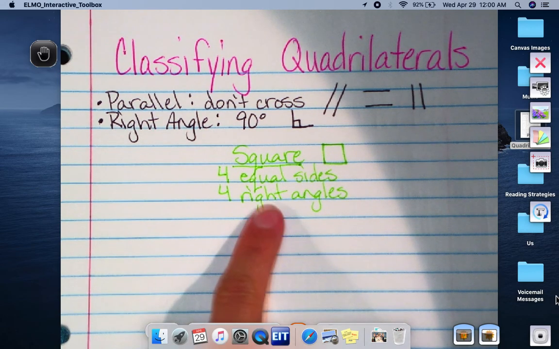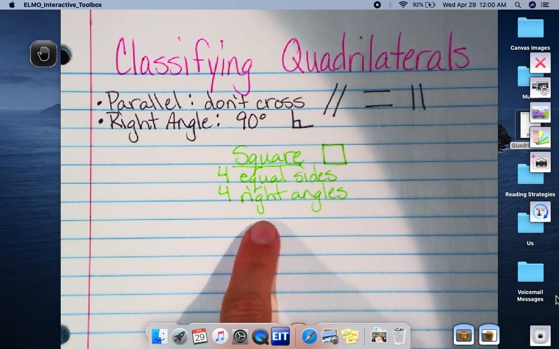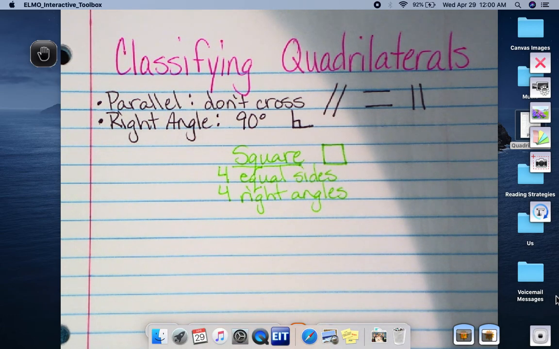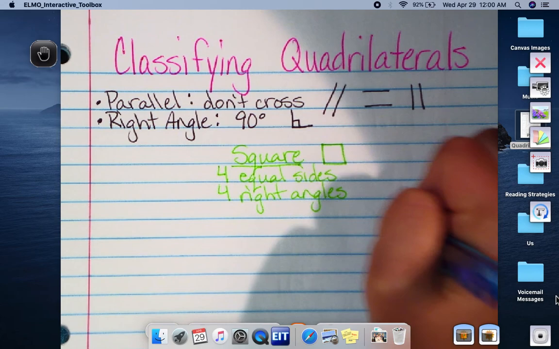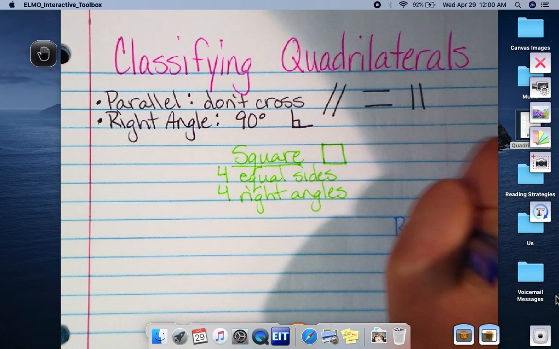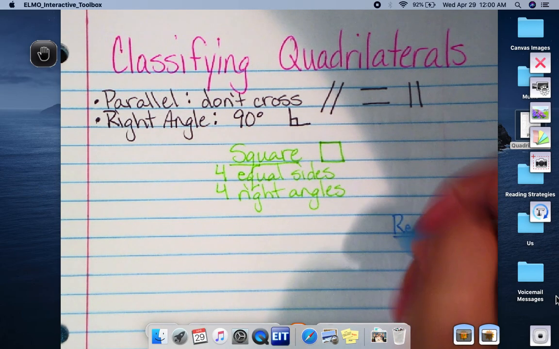Now, a square is our most specific shape. We also have rectangles. Now, squares are just a more specific rectangle, because a rectangle has 4 right angles.